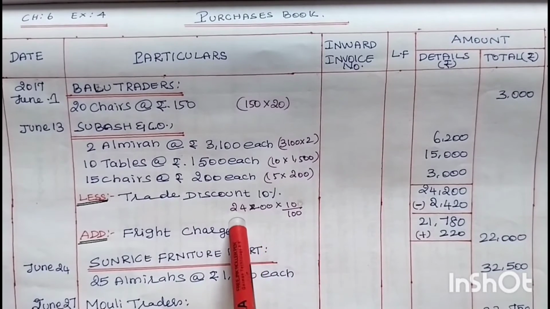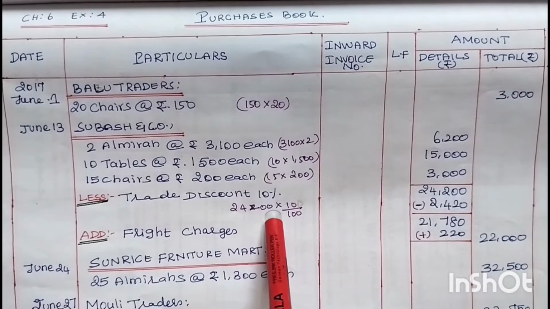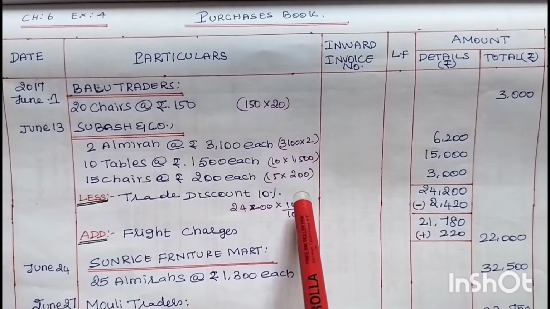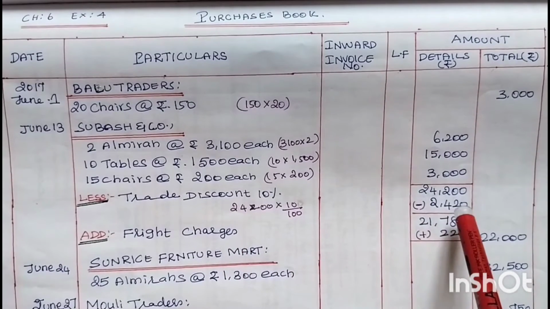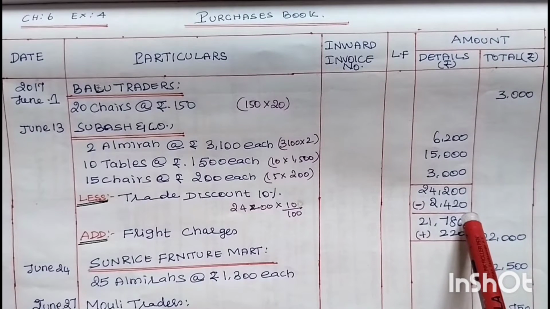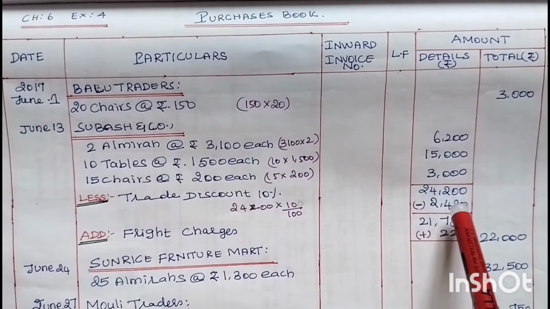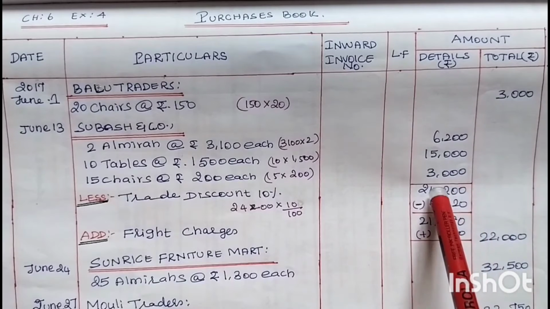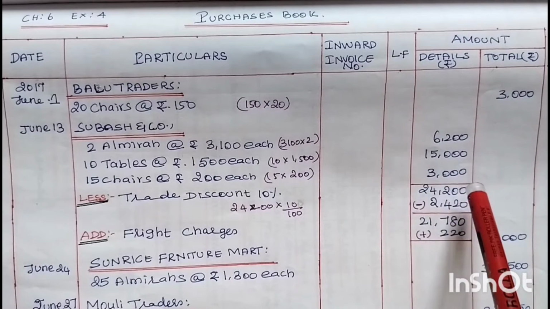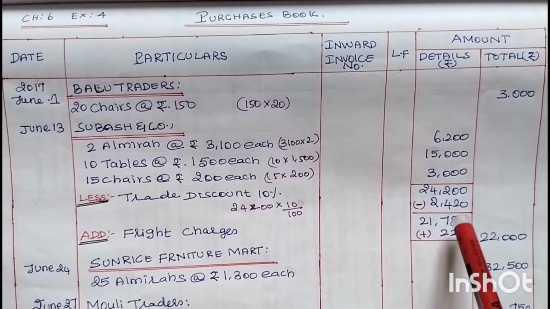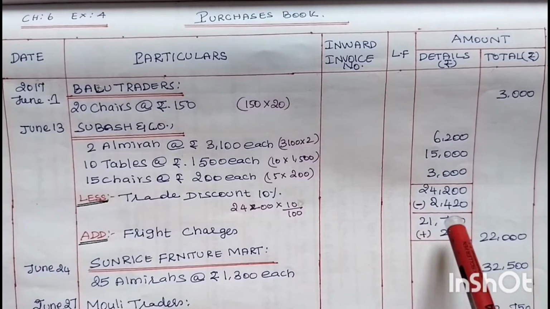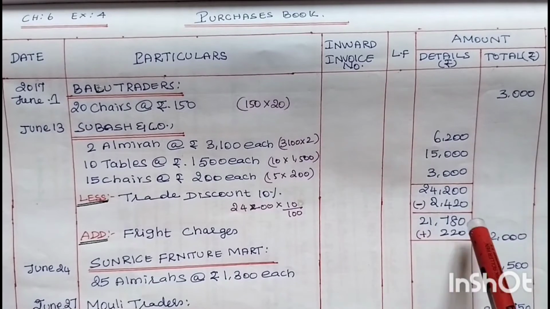The total amount is 24,200 into 10%, which means 10 by 100. So we will cancel it. How much do we get? We got 2,420. Then we have to deduct that 2,420 from the total value, that is 24,200. After subtracting the 10% discount, we got 21,780.